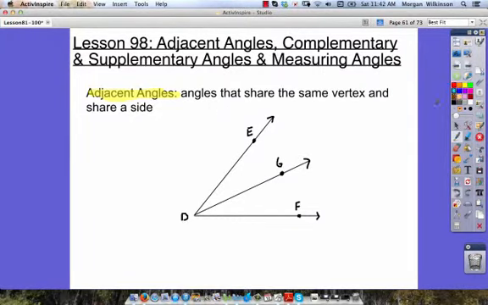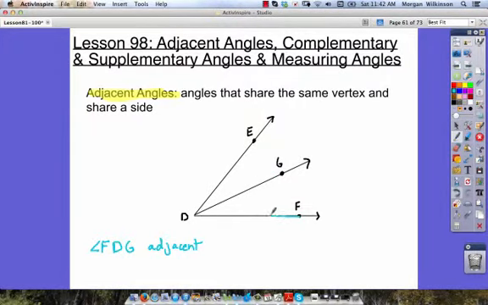So if we looked at our adjacent angles, angle F to D to G would have to be adjacent to the other angle that we have here that shares the same side.